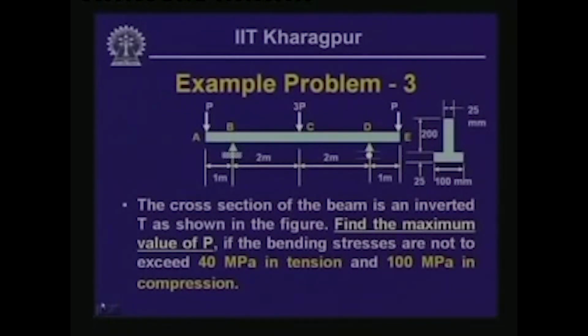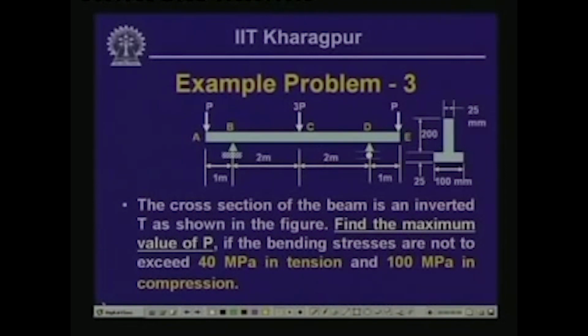Well, now let us look into another example problem, wherein the cross section of the beam is unsymmetrical with respect to the horizontal axis, but again symmetrical with respect to the vertical axis. The beam is subjected to 3 concentrated loads, P over here, 3P at the center and P over here.